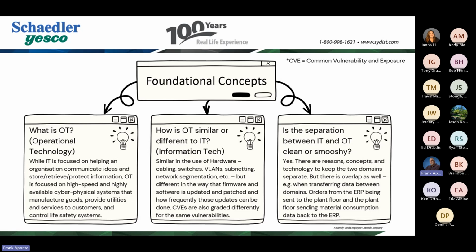So they'll manufacture those orders, and as materials are used, typically you will use some sort of MES, or manufacturing execution system, to take those orders from the ERP, put it down to your plant floor, and then after those batches or runs or whatever are done, it gathers up the material usage, any batch reports, things like that, and uploads them back to the ERP so that if materials have to be reordered, the purchasing agents know when to reorder those things, especially if it's raw materials that have shelf life or anything else.